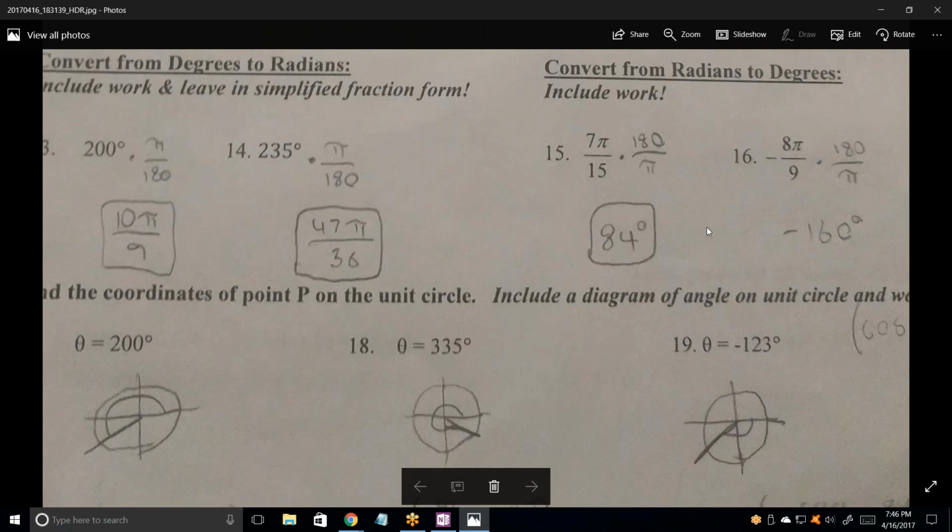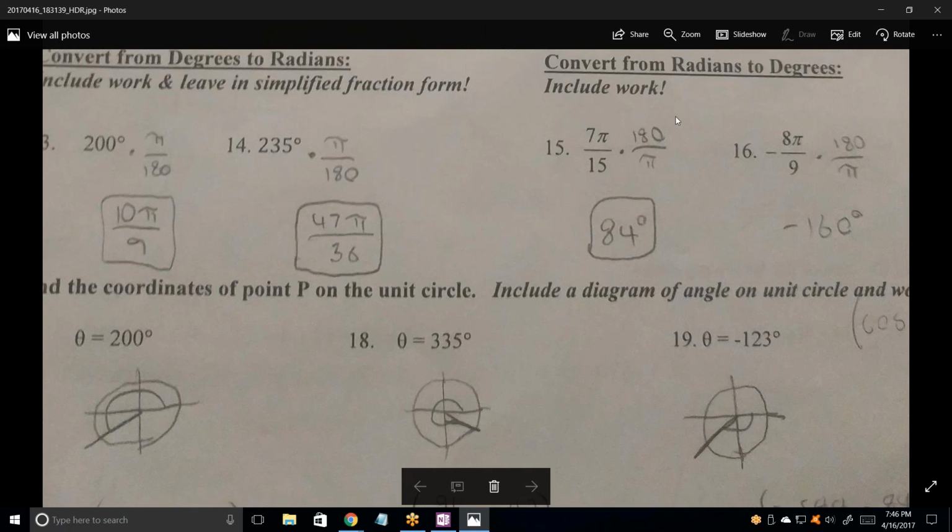Now, notice that they're doing it in the normal way when they're converting from radians to degrees, right? In other words, they're using their conversion factor. And you write that out, and then you use a calculator to figure out what that is.